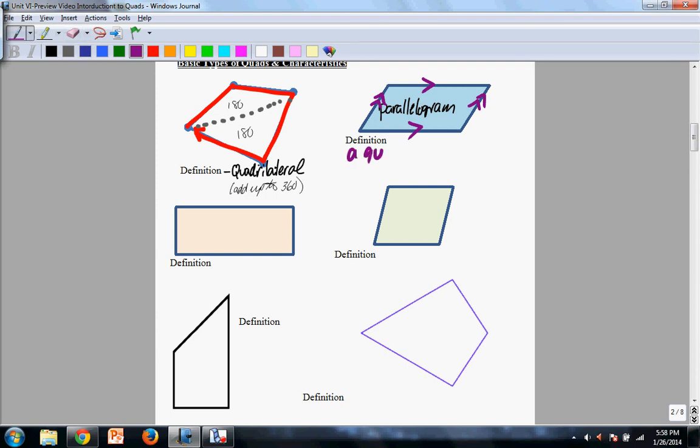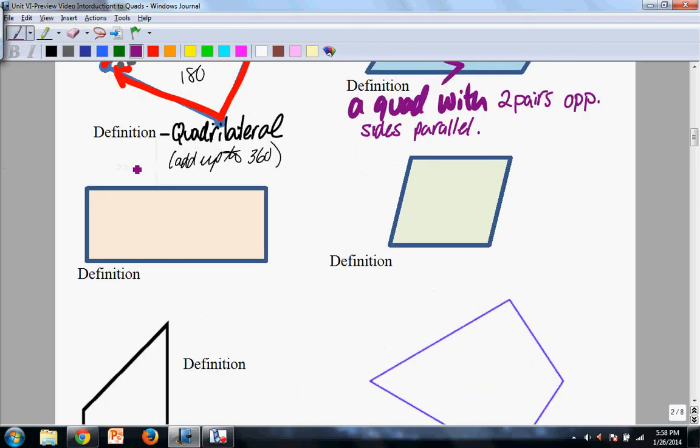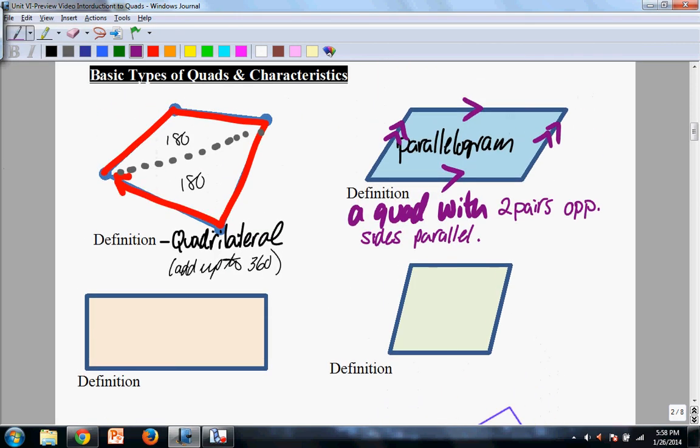So it is a quad with 2 pairs of opposite sides parallel. That's why it's called a parallelogram.